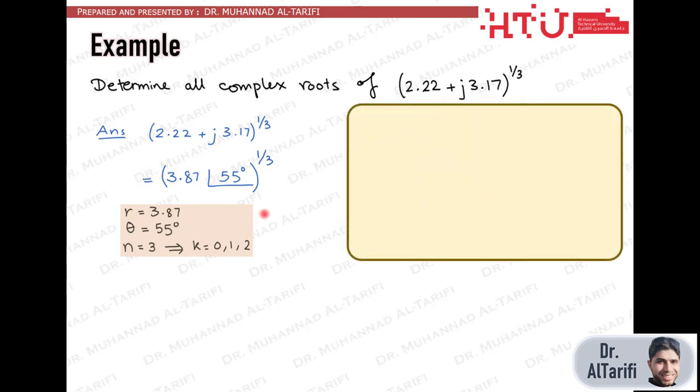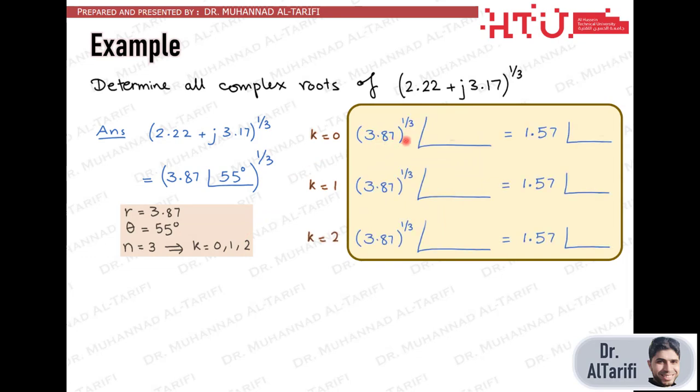All roots will have the same magnitude of 3.87 to the power 1/3, which equals 1.57. But phases would differ for different k values. For k equals 0, the phase is 55 divided by 3, or 18.3 degrees.